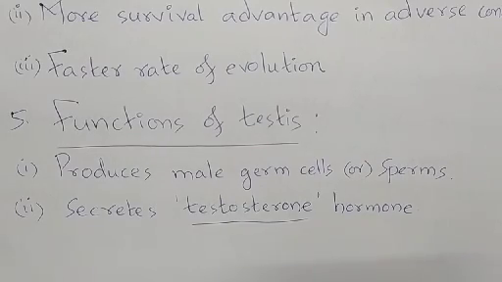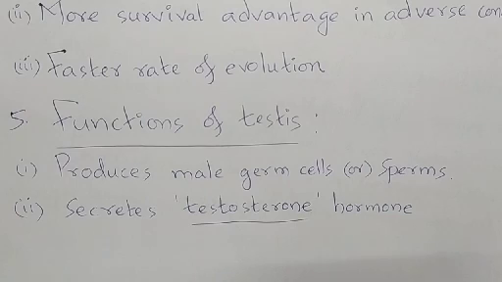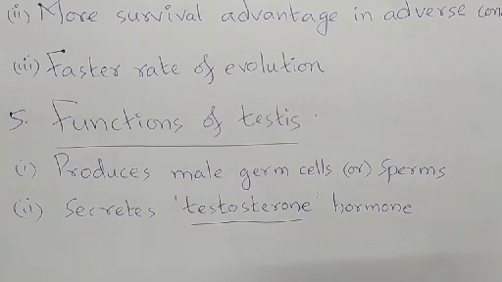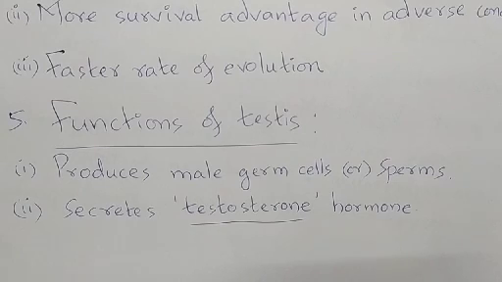Next, what are the functions performed by the testis in human beings? The testis produces male germ cells or sperms, and it secretes testosterone hormone. Sperms are the cells that are involved in the reproduction process.